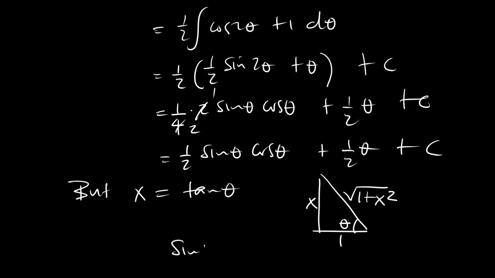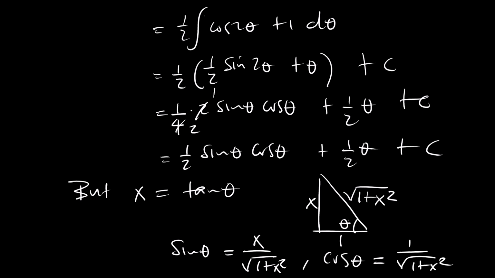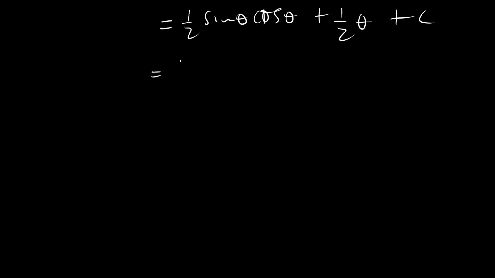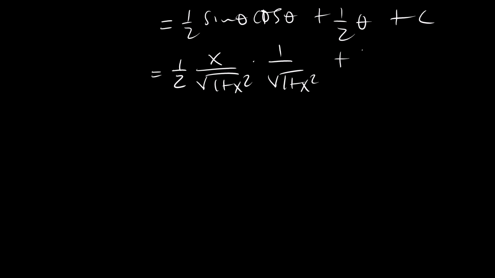And therefore sine theta will be equal to x over the square root of 1 plus x squared, and cosine theta will be equal to 1 over the square root of 1 plus x squared.